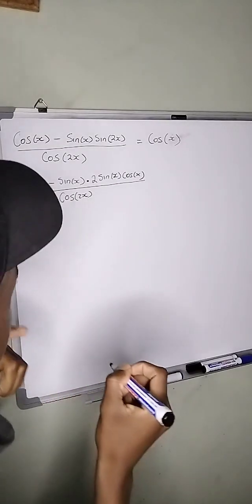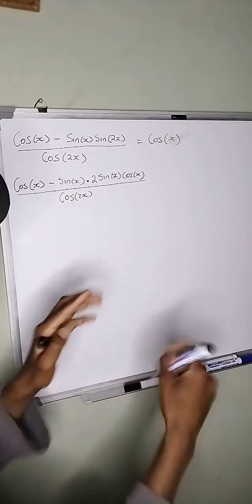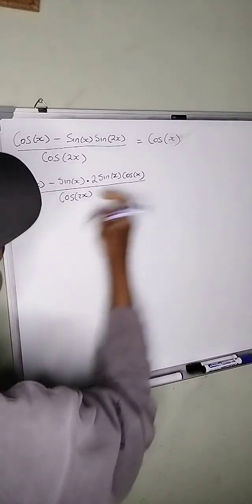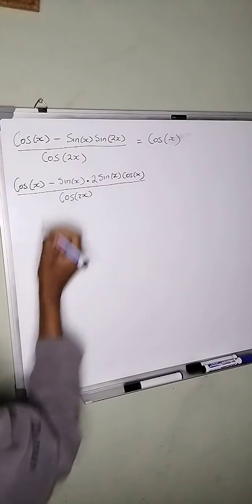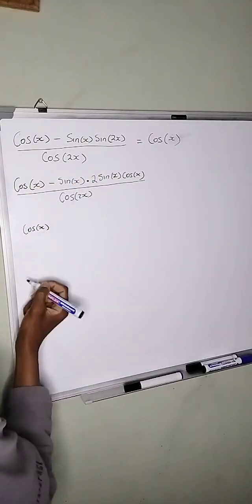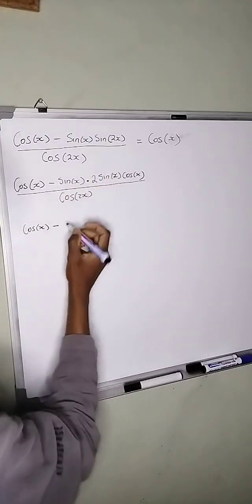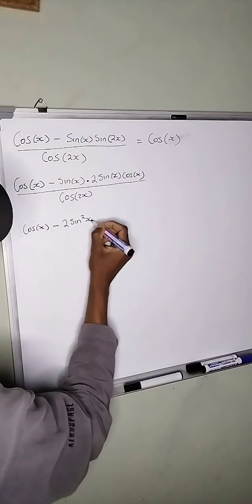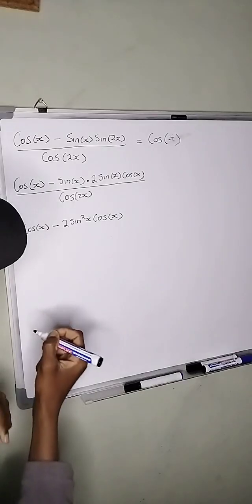Now you can see I have this sine x and this sine x multiplying each other. So what am I going to do? I'm going to multiply this sine x and that sine x on the first term of the numerator. I'm going to have my cos x, and on the second term this times that is going to be 2 sine squared x cos x.